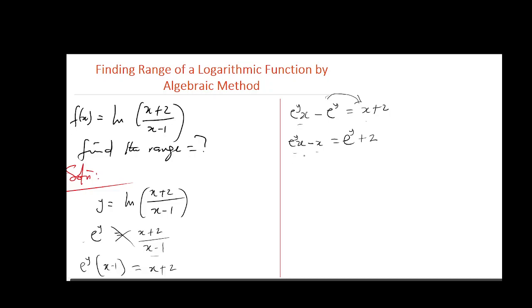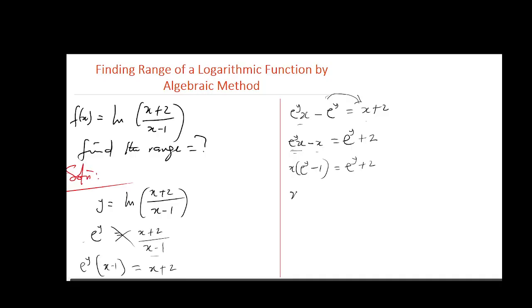Now x is common here. We can factor that out. So we have x in e to the power of y minus 1, because x multiplied by e to the power of y will give us e to the power of y times x, and x multiplied by minus 1 will give us minus x, so that is sorted, equal to e to the power of y plus 2.